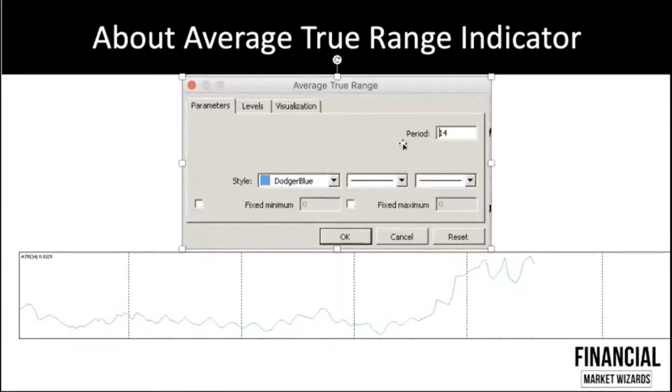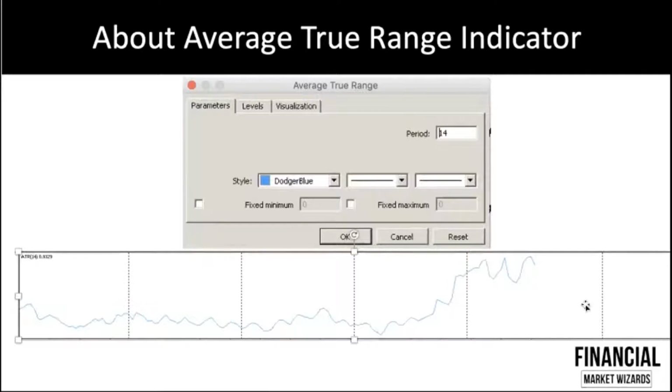As you can see, the period is 14, which refers to the past 14 candles. 14 is also the default setting for MetaTrader as well as other platforms. I'm not too sure about your platform, but we recommend 14, the past 14 candles. You can see the screenshot below, which represents how the indicator looks.